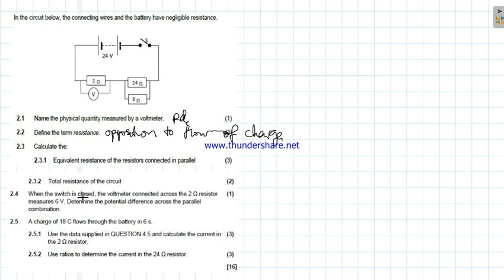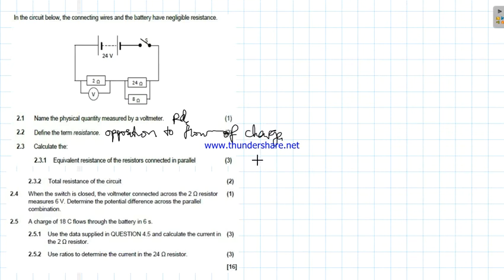2.3.1 calculate the equivalent resistance of the resistors connected in parallel. So they can use this term equivalent. They can also use the term effective, or they can use the term total.